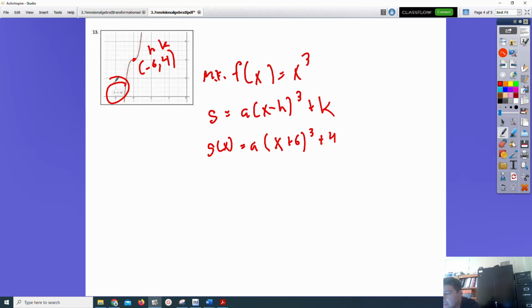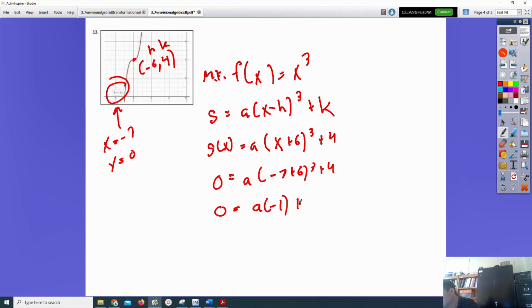That's where this little point comes from right here. That is at, looks like -7, 0. So everywhere I see an x, I'm -7. Everywhere I see a y, I'm 0. So 0 equals a times -7 plus 6 cubed plus 4. -7 plus 6 is -1, raised to the third power is going to be a -1. And I have this plus 4, which I just shift over. 4 equals -a.